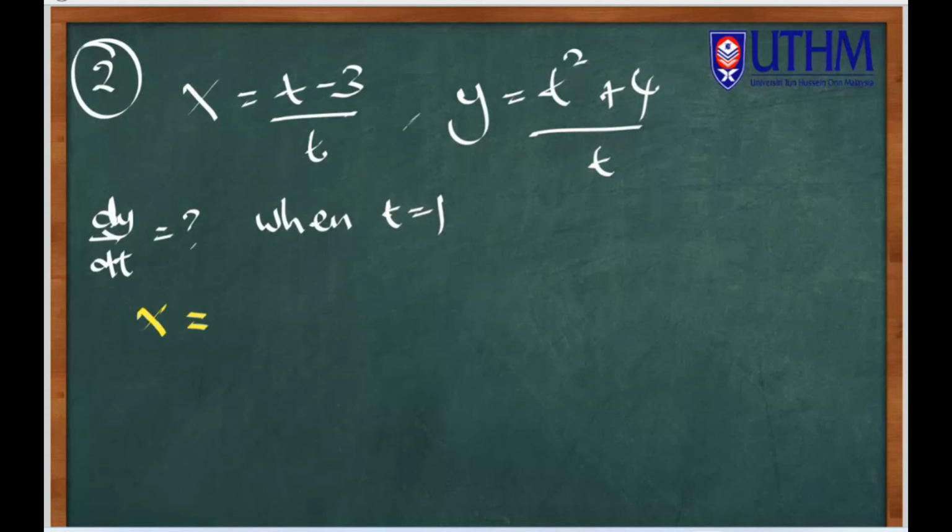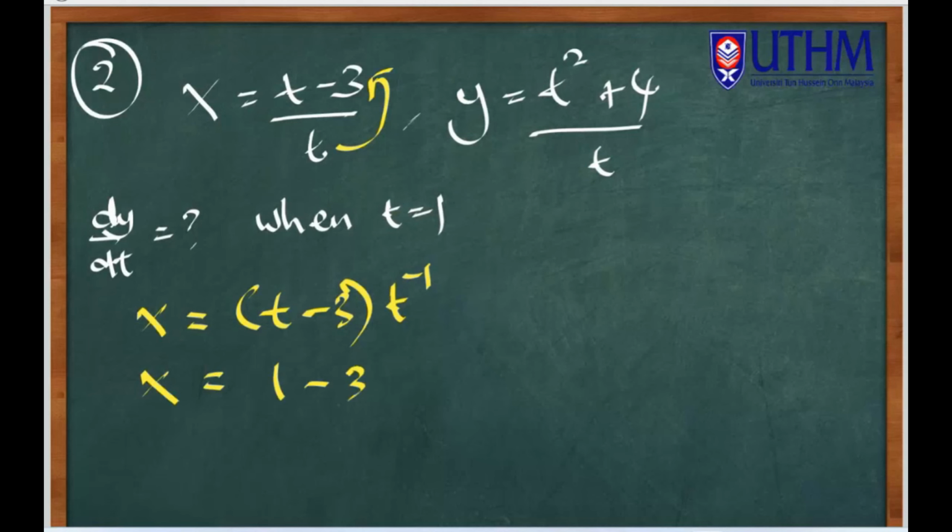Now we can rearrange. We can make it as t minus 3 times t power of negative 1, where we bring this one upward. Then we can expand this, so we will get 1 minus 3t power of negative 1.